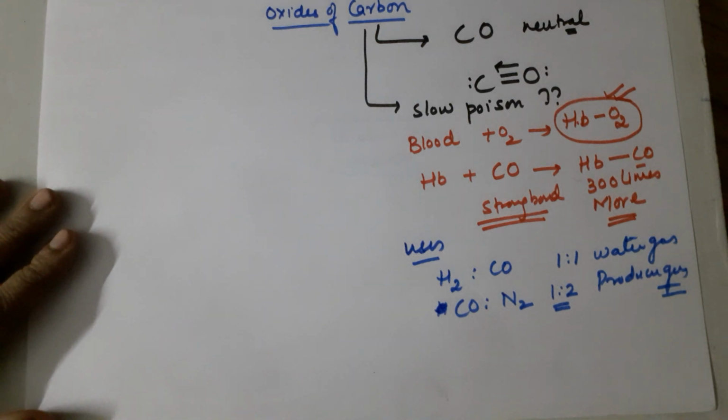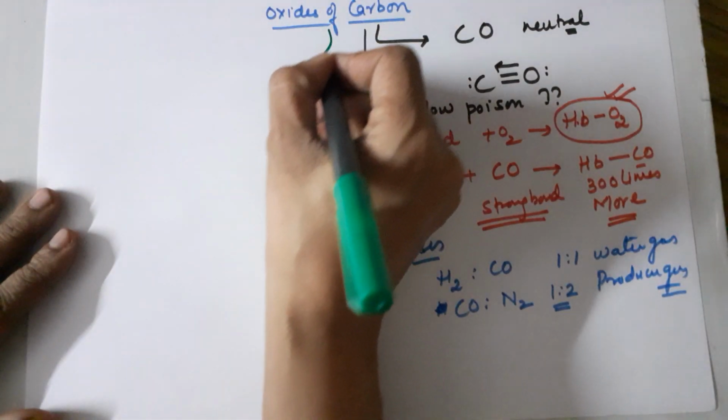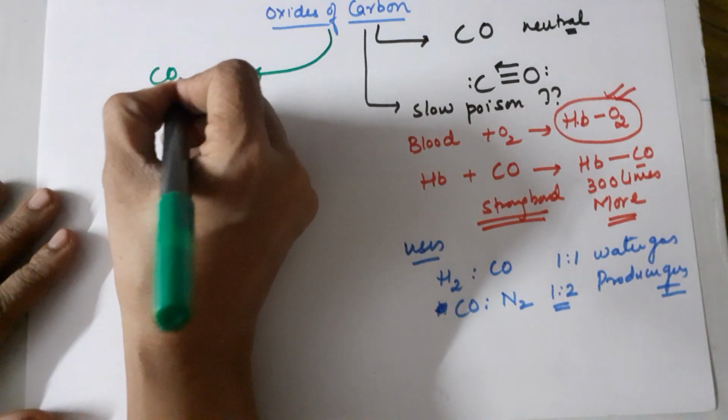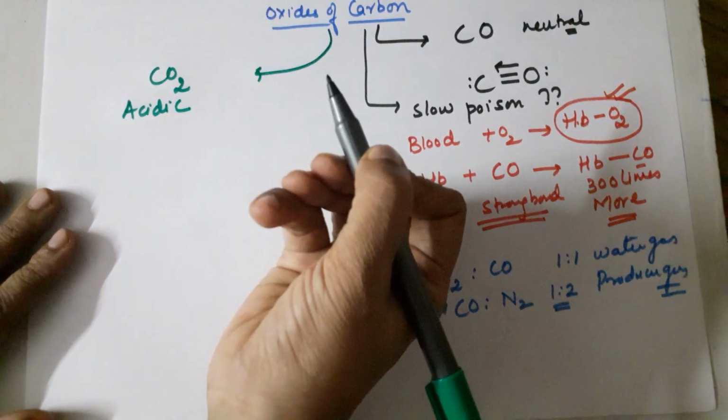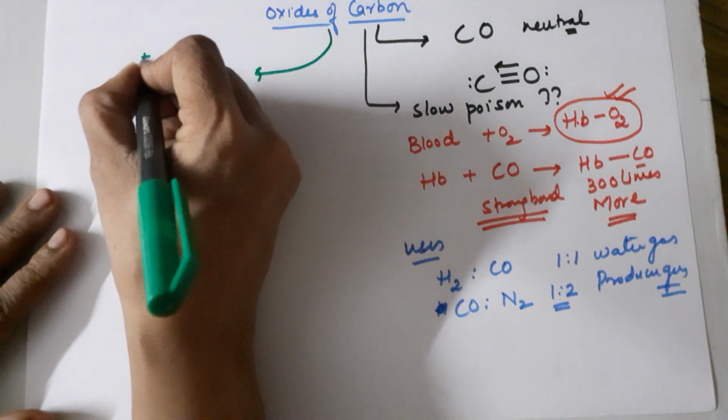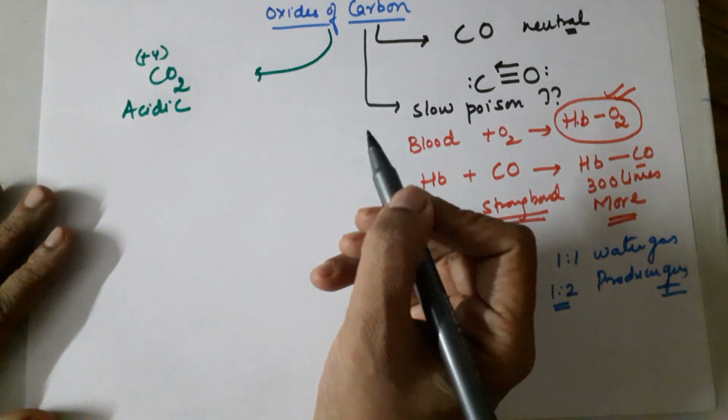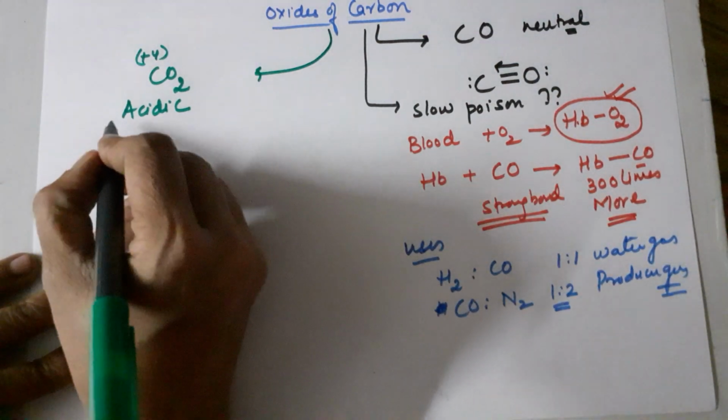Moving on to the second oxide of carbon, which is carbon dioxide. This is an acidic oxide. Point number one, in this case, carbon has an oxidation state of +4. How do you know it is acidic?